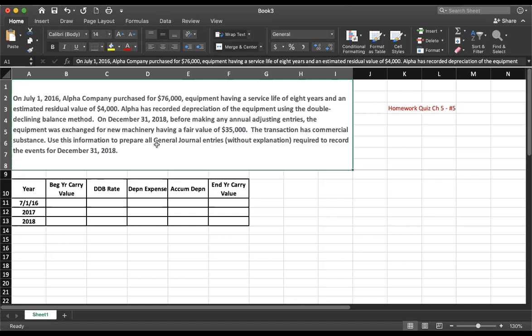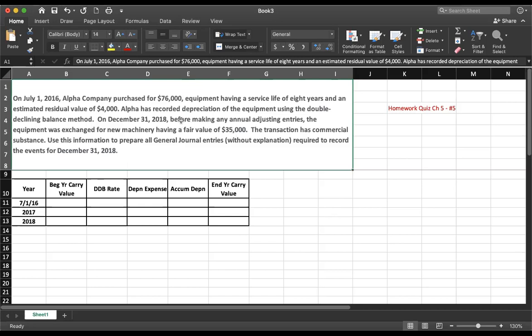On the 31st of December 2018, before making any annual adjusting entries. So what this means is that they're at the end of 2018, but they haven't made any adjusting entries for the depreciation for 2018.